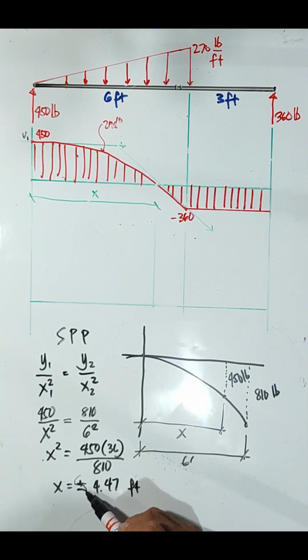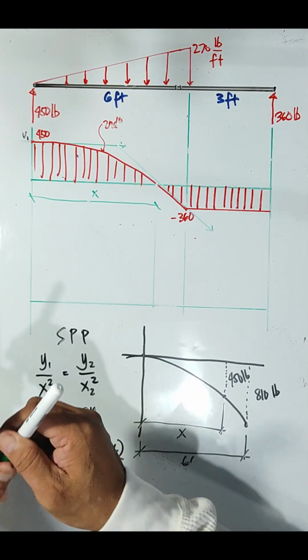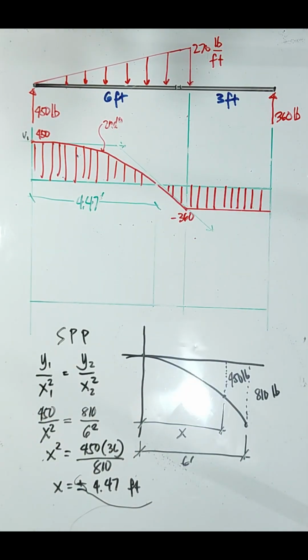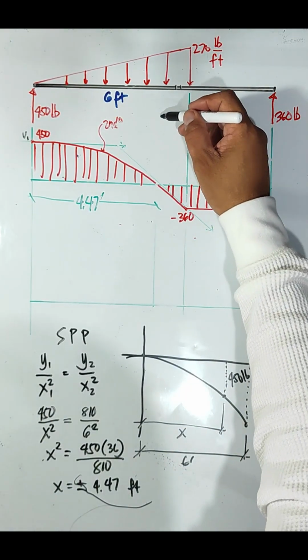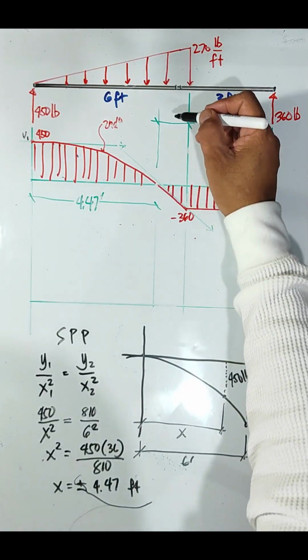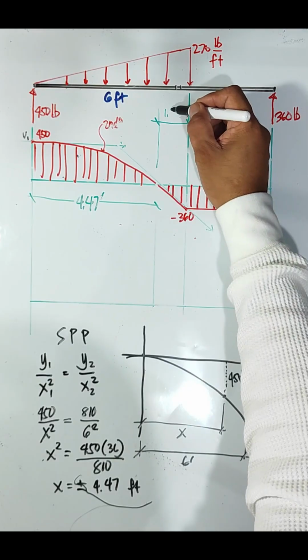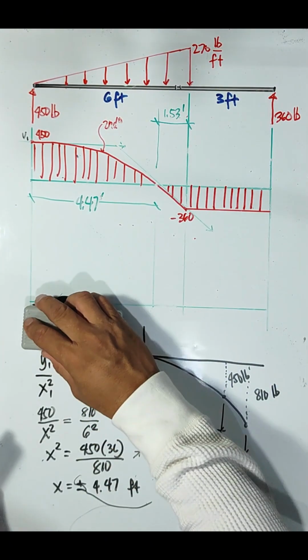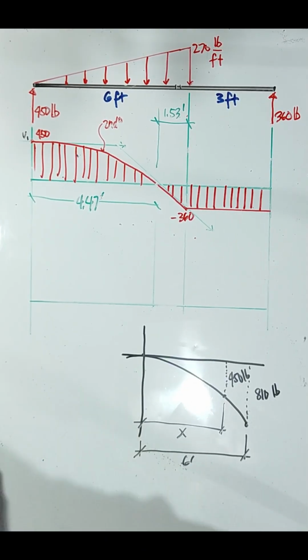Obviously we will use the positive value. So this one therefore is 4.47 feet. That makes this 6 minus 4.47, which is 1.53. Now we will proceed solving the areas.